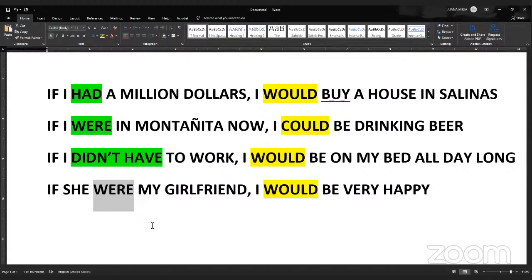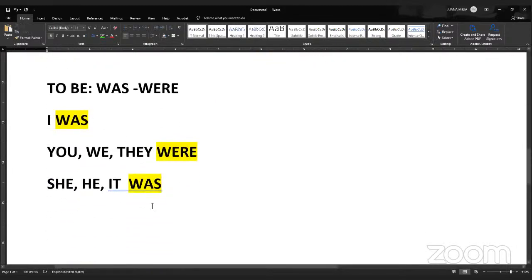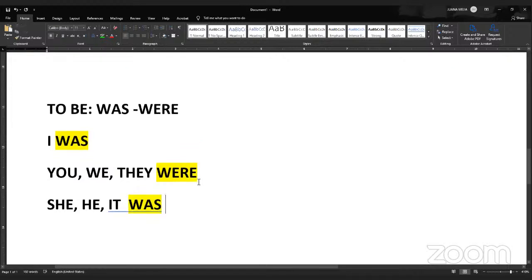A veces las reglas gramaticales pues las pasamos por alto. Lo mismo sucede aquí. El verbo to be en el segundo condicional va a trabajar were, in this way, were. The second conditional, solo en el segundo condicional. Si usted trabaja fuera del segundo condicional, conjuga así. All right?